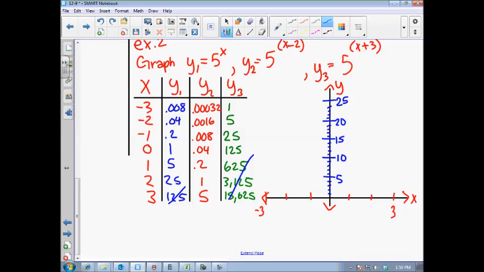So our whole goal in graphing this is to find out by changing the exponent and adding a -2 or a +3, how is that changing the graph? What's being manipulated? Okay, so grab your pencil and graph all 3 of them and color code them, just like we did on the last problem.